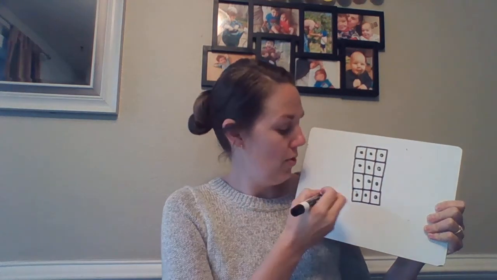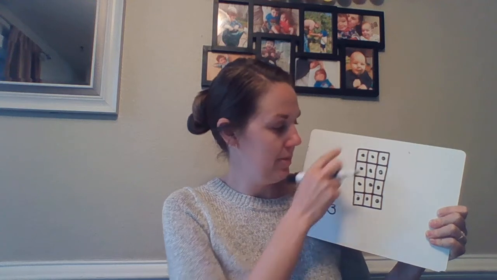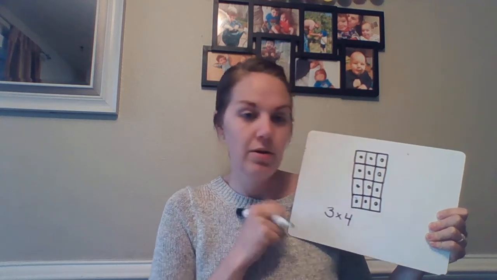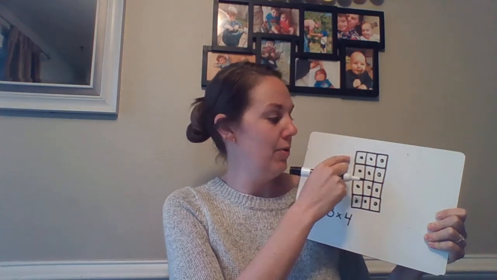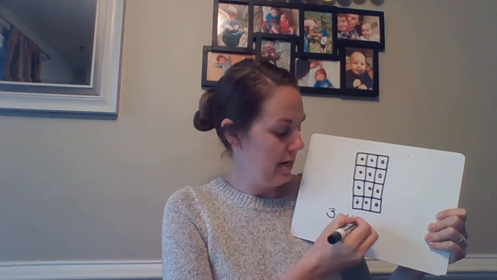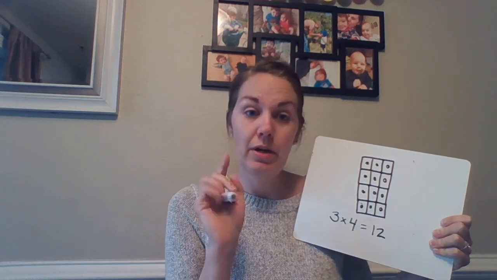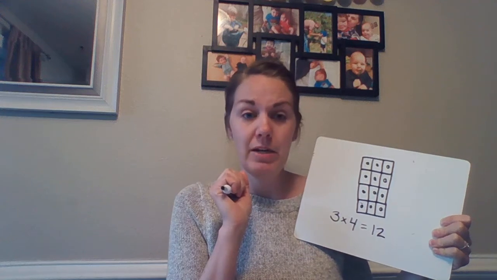So in the 2 cases that we just had, if I turn my rectangle like this, I would have a row of 3, and I would have times 4. Right? Because I have that row of 3, 1, 2, 3, 4 times to get 12. So that's one way of showing how the rectangles are displayed.